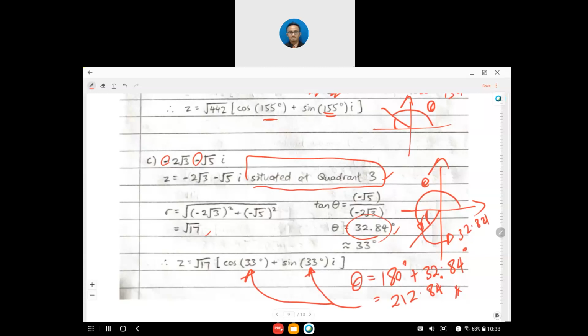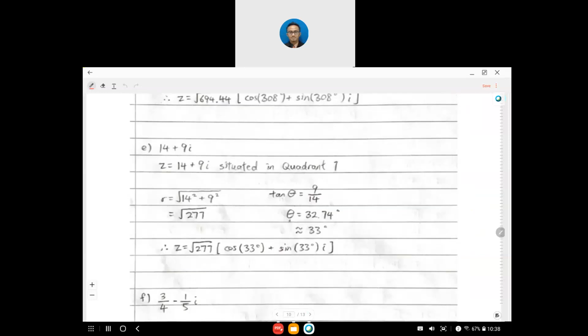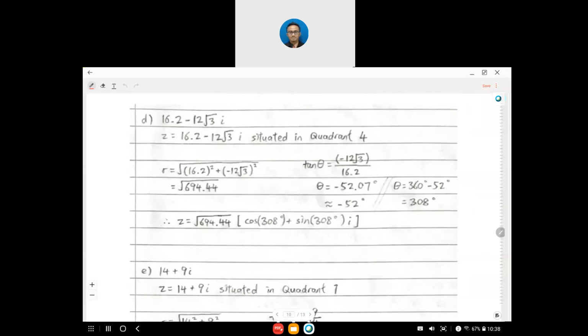Look at question D. Okay, question D. Situated at quadrant 4. Remember, quadrant 4, your angle must be between... Kalau quadrant 4 tu, quadrant 4 mesti duduk dalam berapa? Okay. So, quadrant 4.